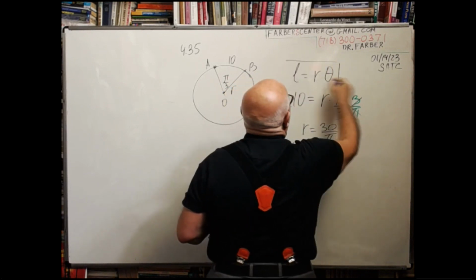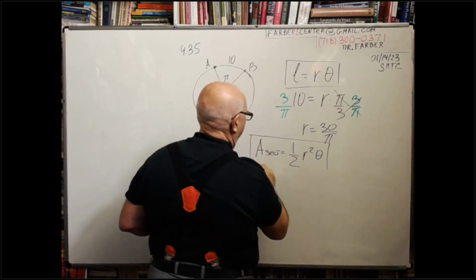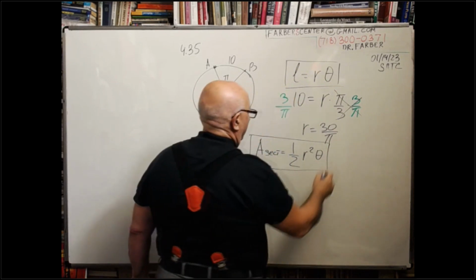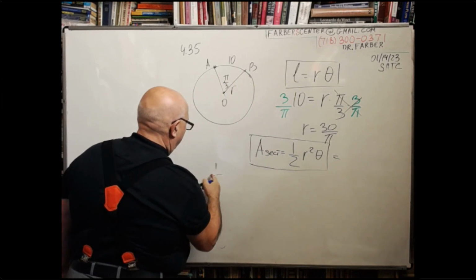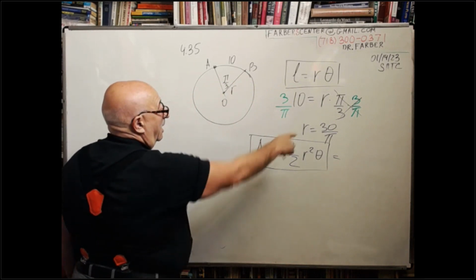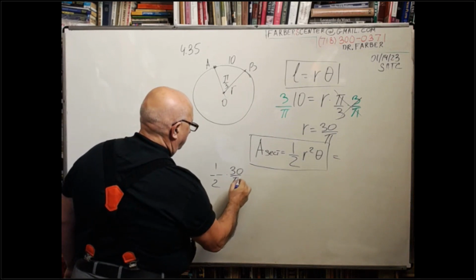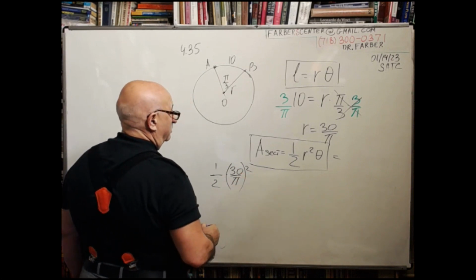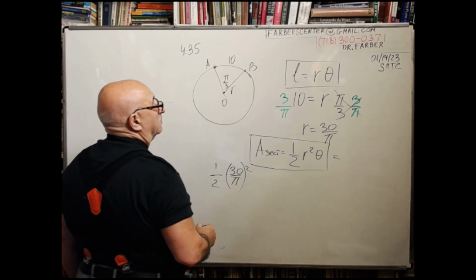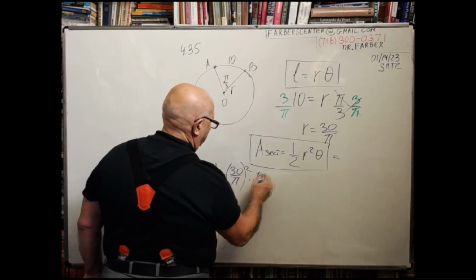This is the formula for length, this is the formula for area. So 1 over 2, r is 30 over pi to the second power, times theta. Theta is pi over 3. That's it.